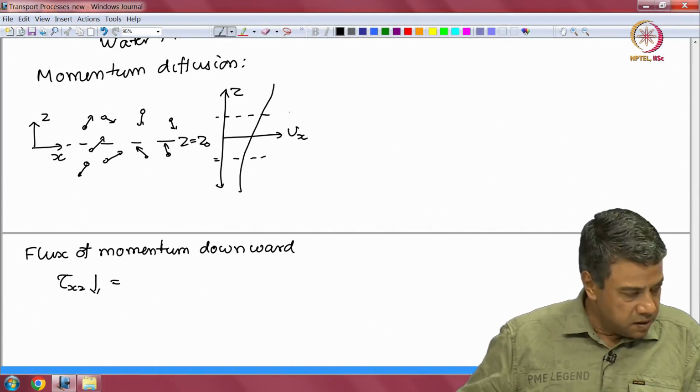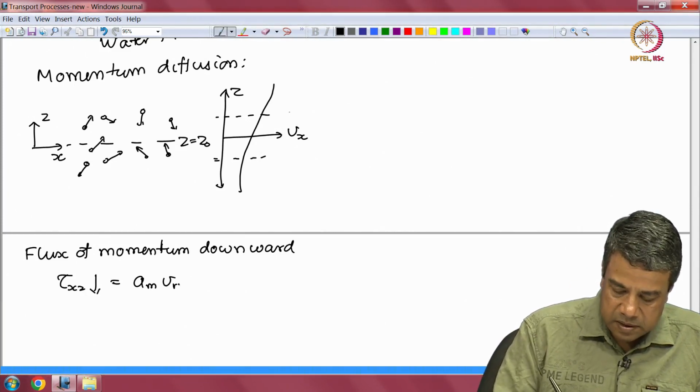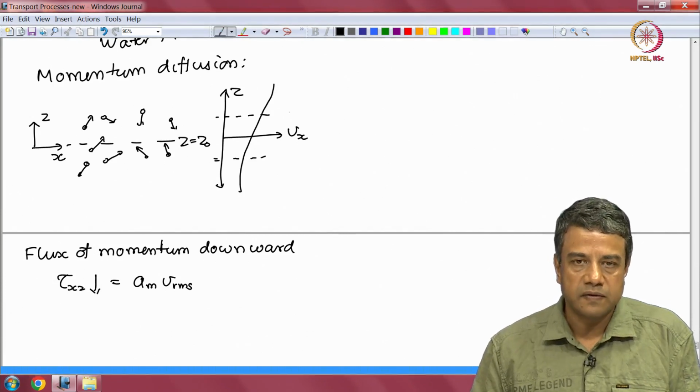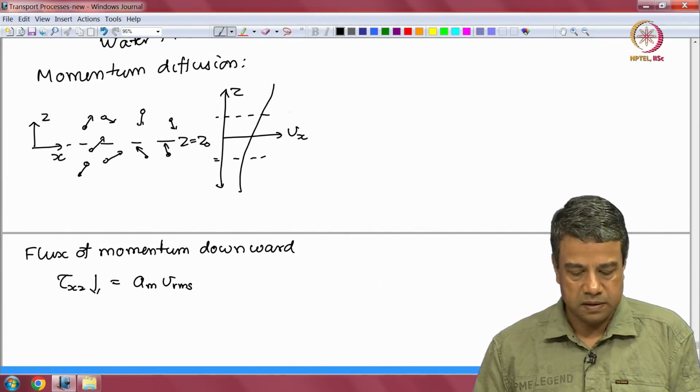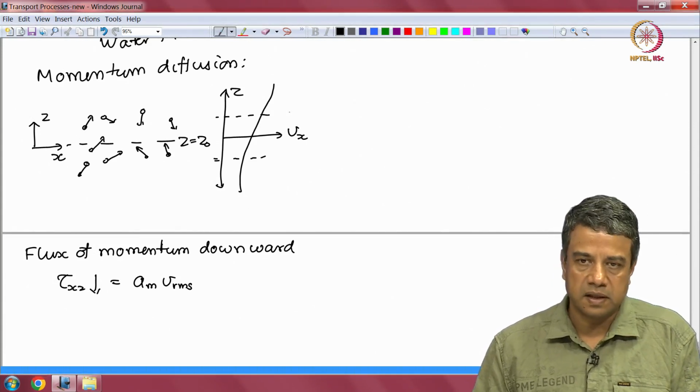So I can write this as n m times V_RMS. V_RMS is the root mean square fluctuating velocity, that is in all directions.